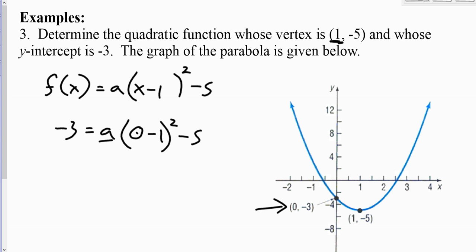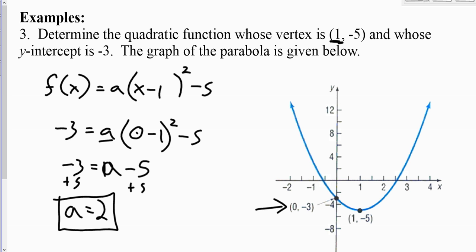So -1 squared is just going to be 1. So I have -3 is equal to 1a minus 5. If I add 5 to both sides, I get a value is 2.